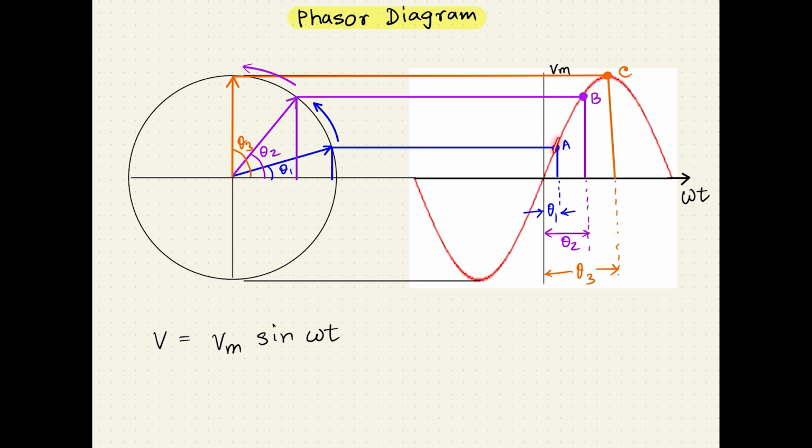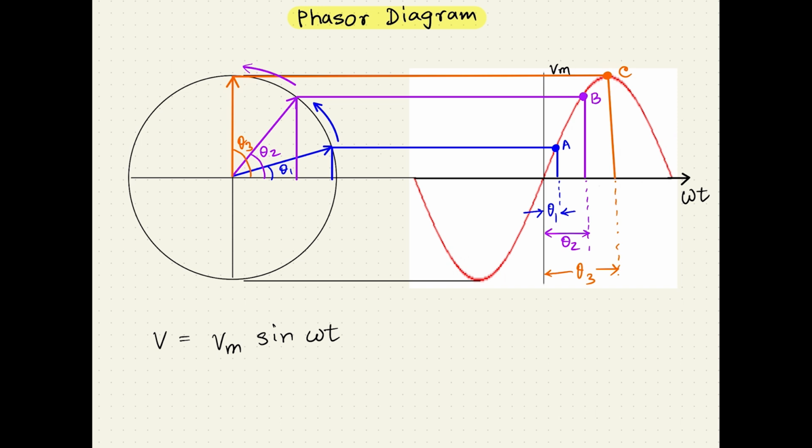Similarly, if we go farther along the sinusoid and reach point B, then for point B we get this purple vector in the polar coordinates, which has the angle theta 2, which is actually the phase angle of the sinusoid at point B. Similarly, for point C, we get this orange vector in the polar coordinates.